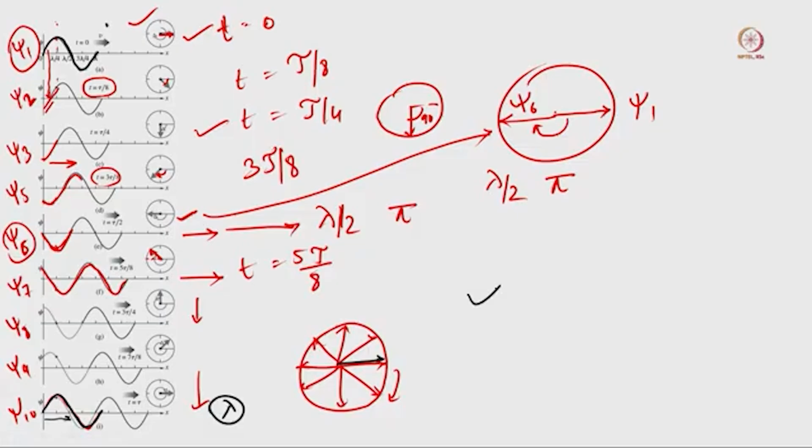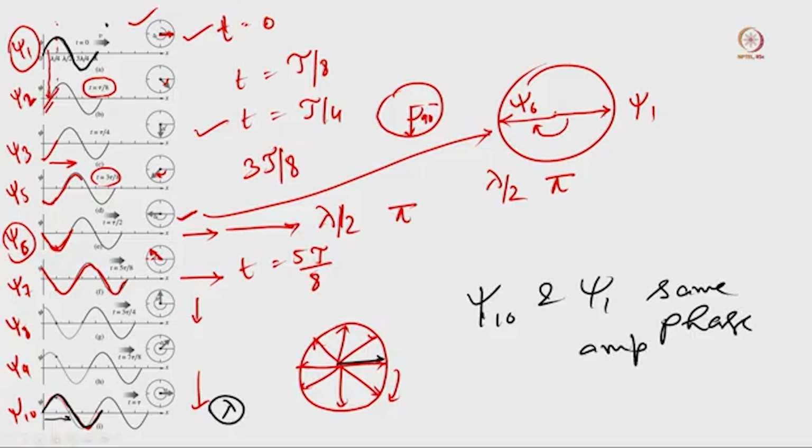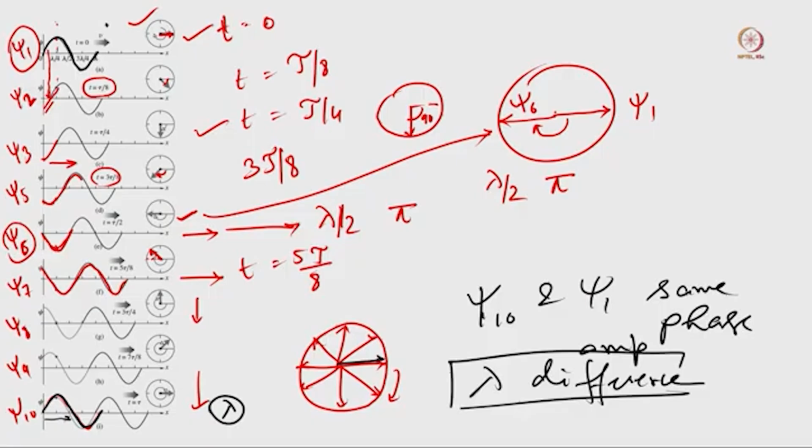So wave 10 and wave 1 are in the same phase with the same amplitude, but the difference is one full wavelength. This is the difference between these two.